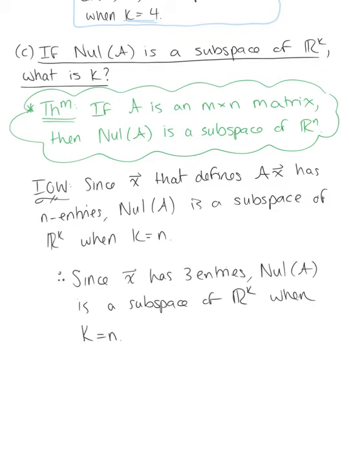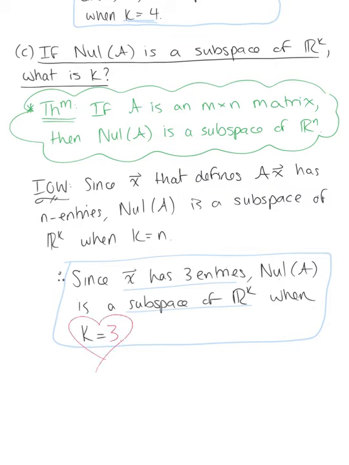And this is our beautiful final answer to part C. So since vector x has 3 entries, the null space is a subspace of Rk when K, shame on me, when K is 3. And that is the real final answer.